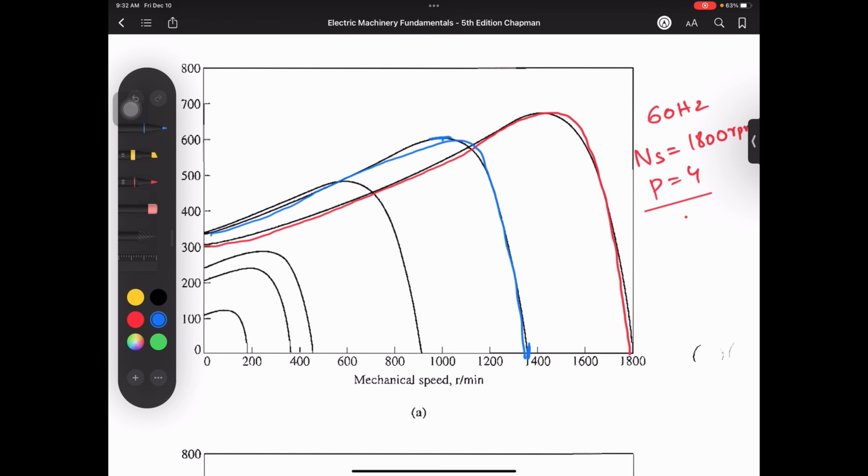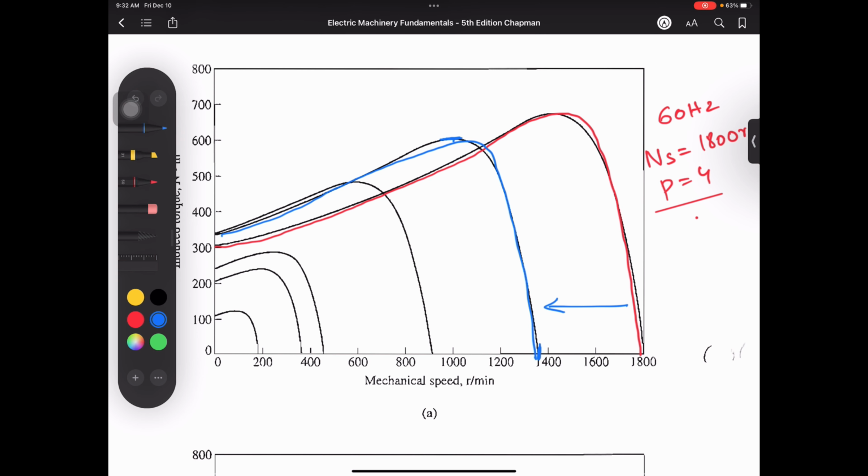And why has this happened? Because you have reduced the frequency of your stator. So your pull-out point has also changed, because T pull-out is proportional to V Thevenin, and V Thevenin is proportional to your V phase. So when your frequency was decreased, you also decreased your phase voltage applied, or actually the line to line voltage applied to your machine.